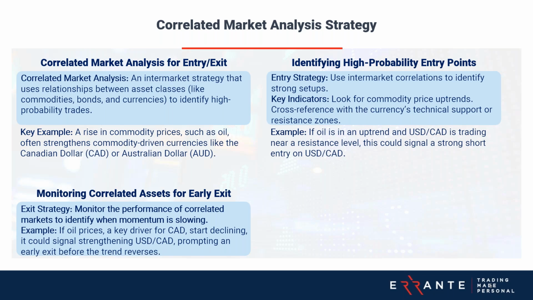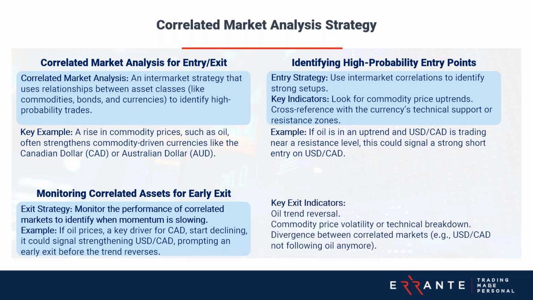If you've entered a short USD CAD trade based on oil's strength, or a long AUD USD trade based on oil's strength again, and now oil prices begin to decline or show volatility, this is an early warning to consider exiting your position before the currency follows the downward move. So keeping an eye on correlated markets can help protect your profits.